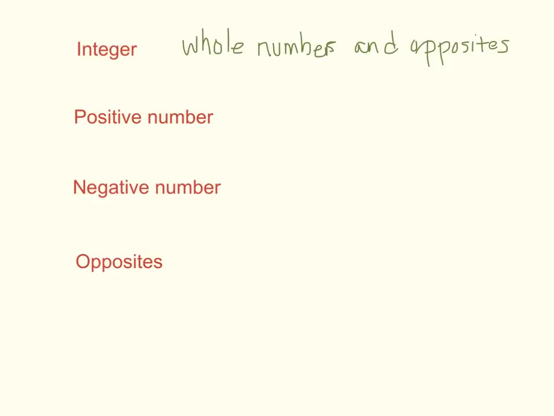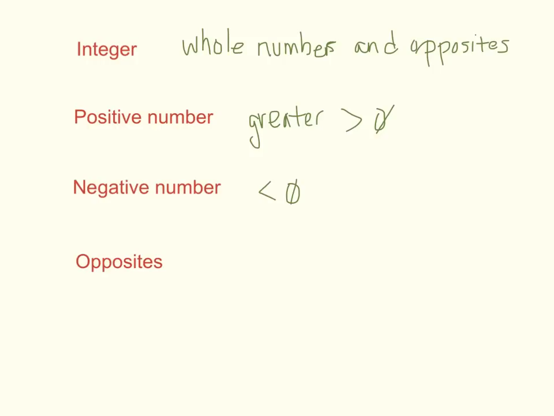We have two parts of a number line. We have the positive. This means they are greater than, and we will often use the symbol greater than 0. And sometimes we might put a cross through the 0 so that you know it's not the letter O. And negative numbers, of course, are less than 0.